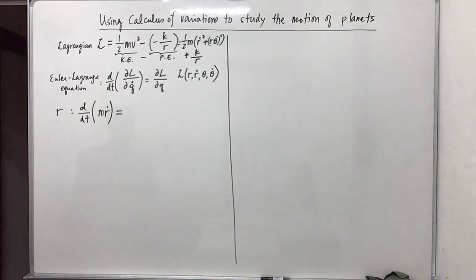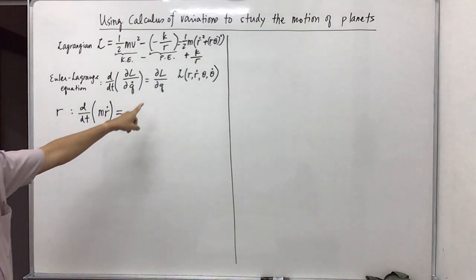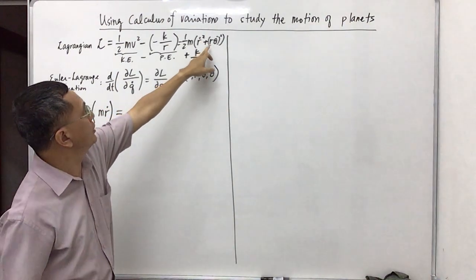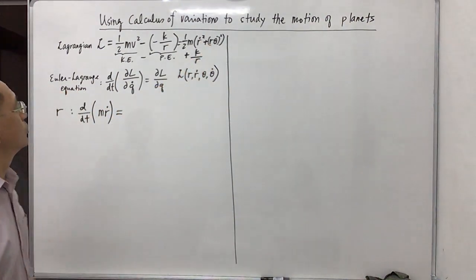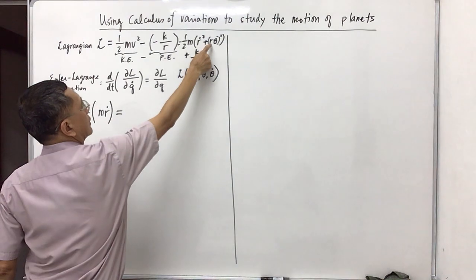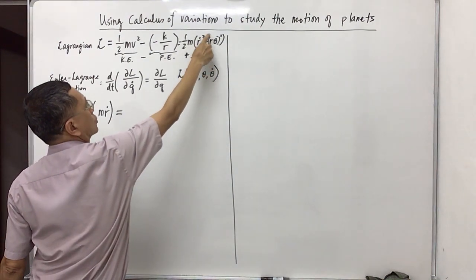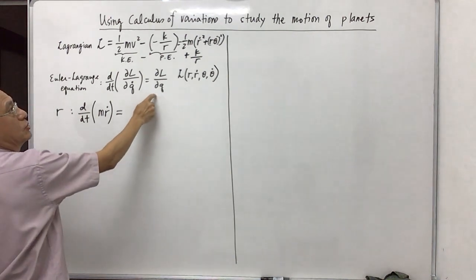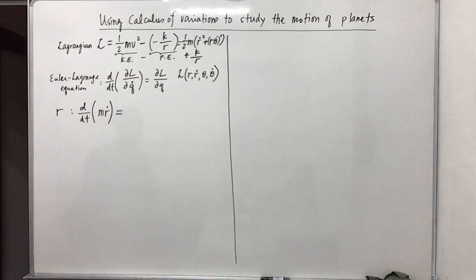Now I go to the right hand side. This time I'm going to do del L del r. This q here represents r. So how many r's do I have? I see an r here, I see an r there. First let's work with this r, which is also r squared. Don't worry about the theta dot squared because we are doing partial derivative, so you treat theta dot squared as if it's a constant.